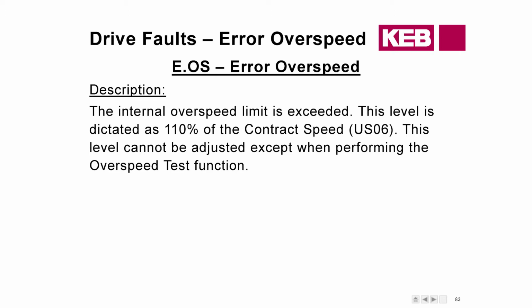Overspeed. This means that the car has gone above the contract speed that you've set in the basic setup under US 06. Our level is 110%. Where you would see this a lot of times is when you roll over into contract speed from XL.